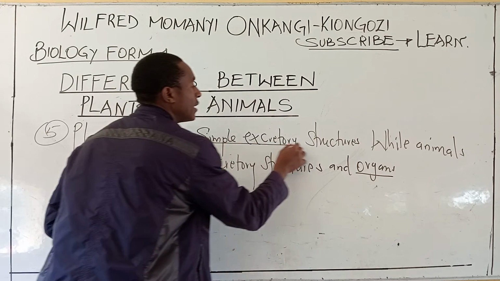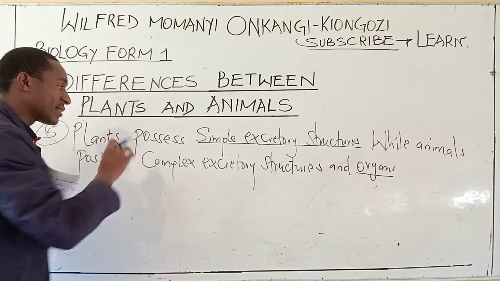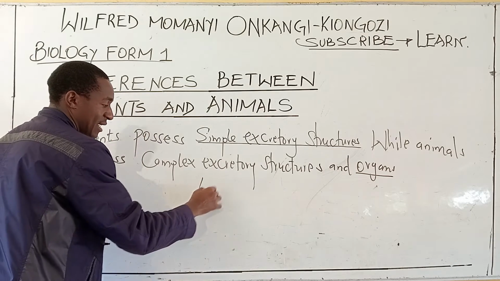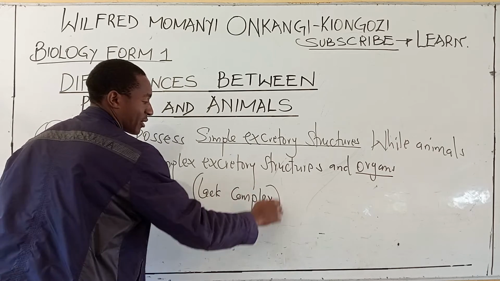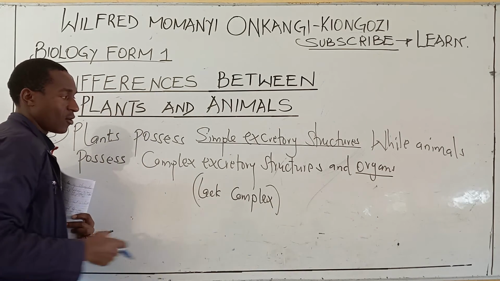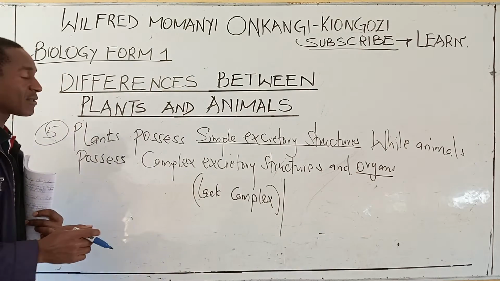Simple excretory structures, most people like referring to them as plants lack complex excretory structures, while animals have complex ones. What you want to avoid is negative statements.